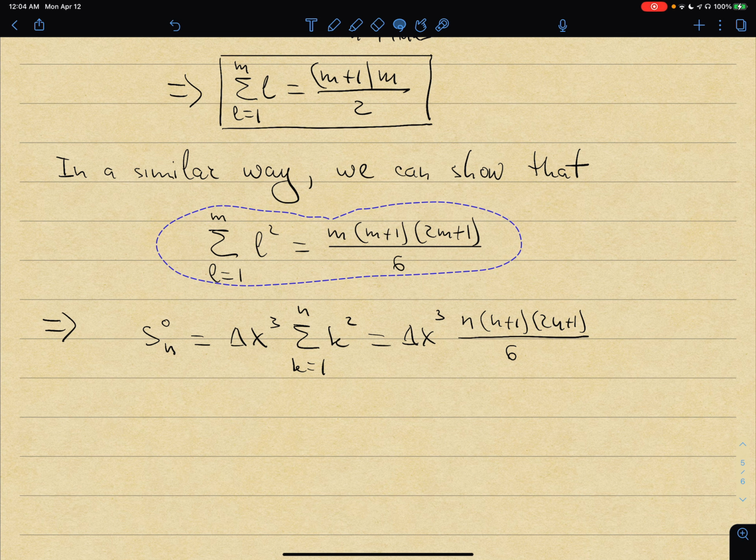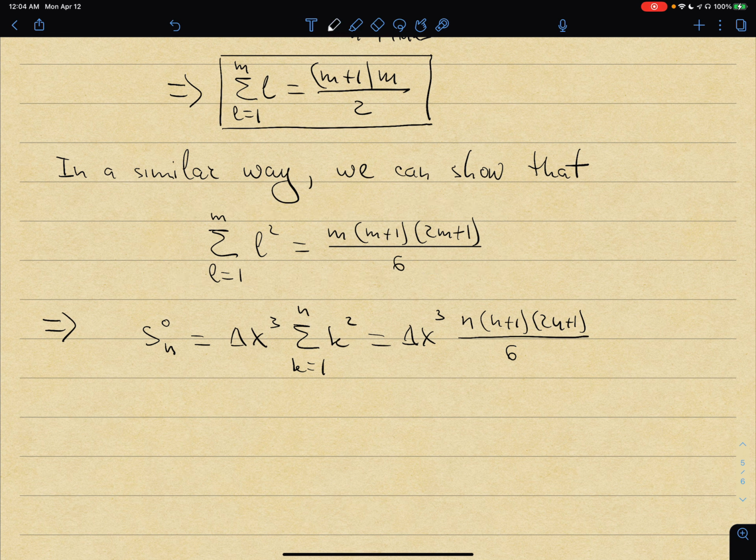You can show that it is valid for m equal to 1, and then you can prove by using induction that if it is valid for m equal to, let's say, k, then it should be valid for m equal to k plus 1.